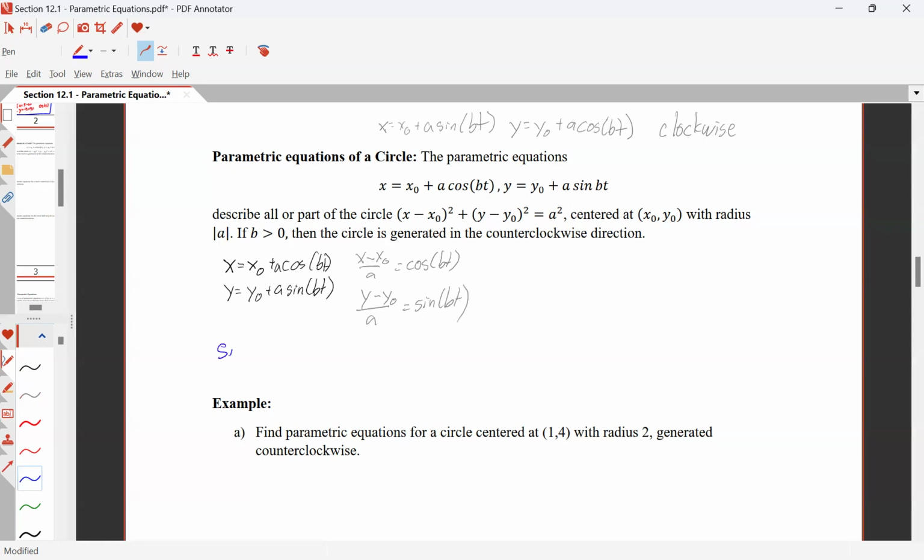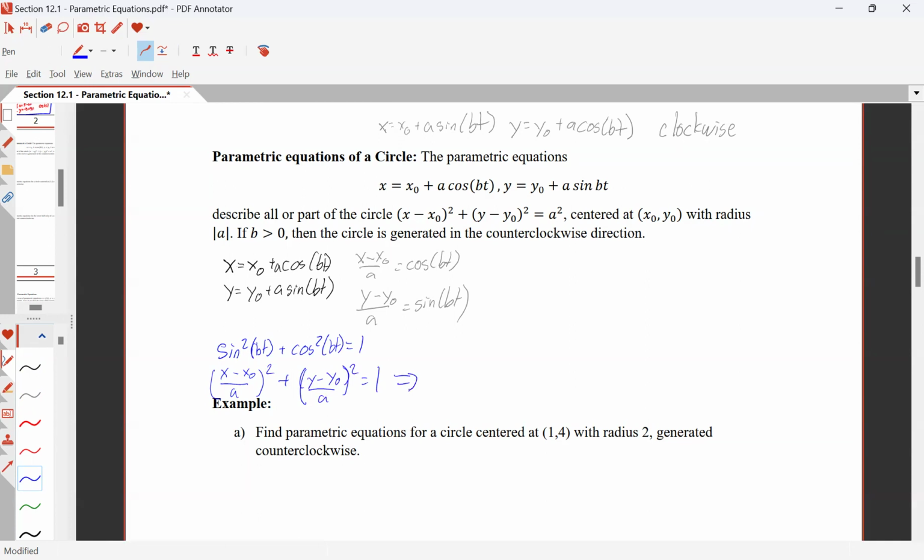As we saw earlier, we know sine squared of an angle plus cosine squared of an angle equals 1. Well, that angle can be that bt, meaning ((x minus x naught) over a) squared plus ((y minus y naught) over a) squared equals 1.